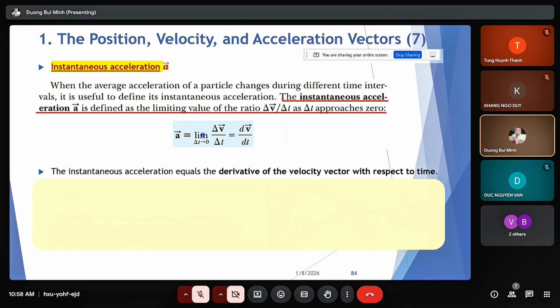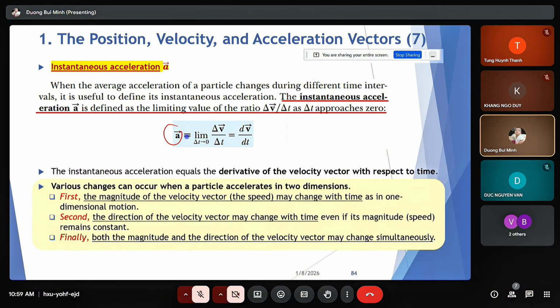Now we consider instantaneous acceleration. We just take the derivative of velocity with respect to time, and you get instantaneous acceleration.